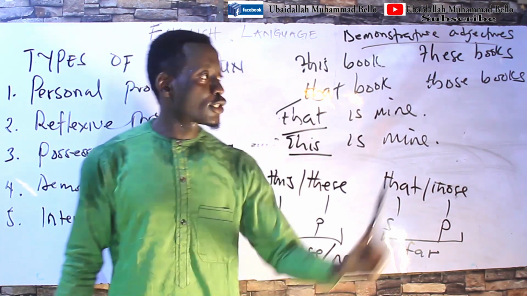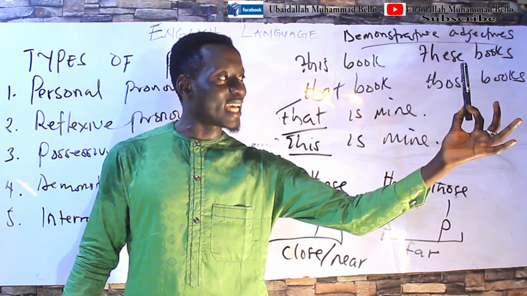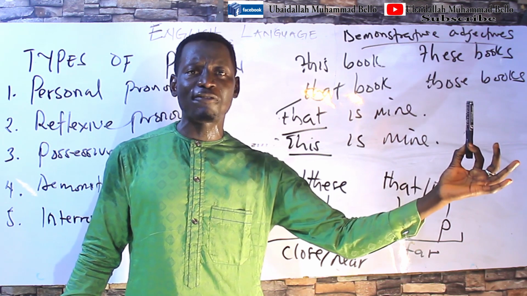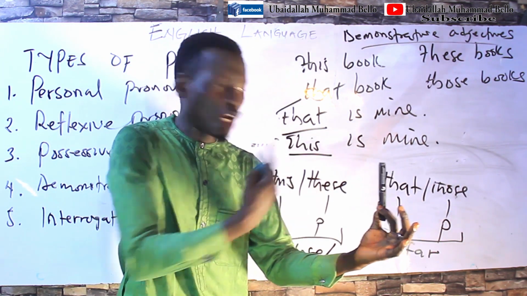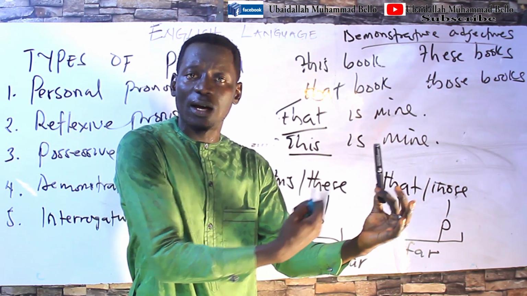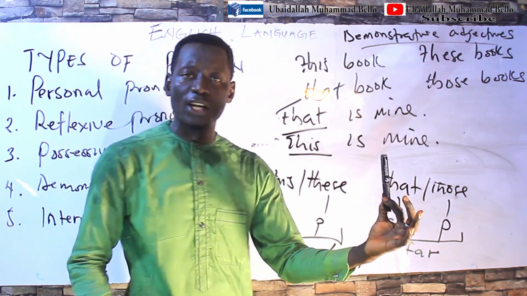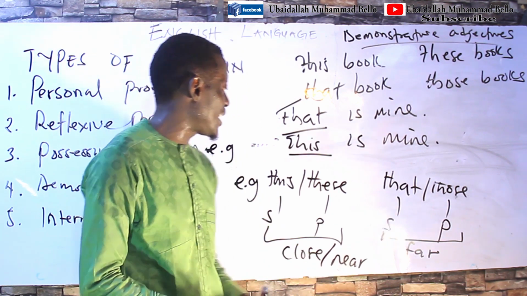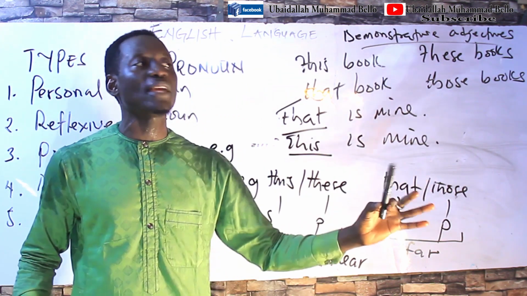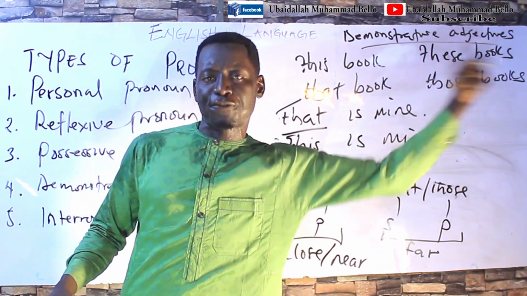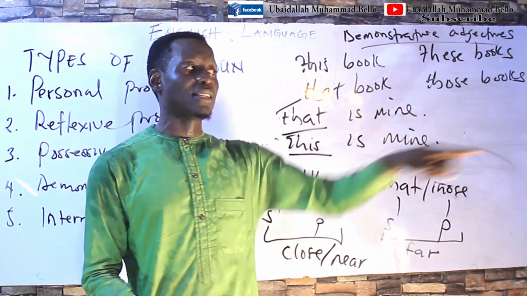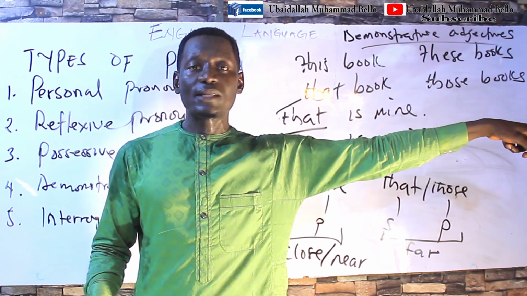Are you getting it? So it should be, this is mine, because it is a demonstrative pronoun giving the sense of closeness or nearness with the subject of the discussion in question. But if it is not with me, or it is kept in a place that is far from me, then if I say this is mine, it is going to be wrong.